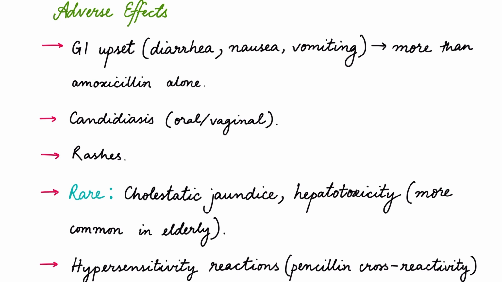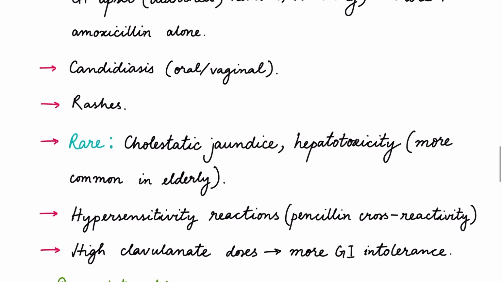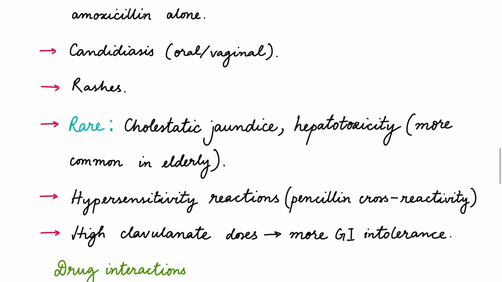Other effects include candidiasis, skin rashes, and rarely cholestatic jaundice and hepatotoxicity, especially in elderly patients. Hypersensitivity reactions can occur due to cross reactivity with penicillins, and higher doses of clavulanate are associated with increased gastrointestinal intolerance.